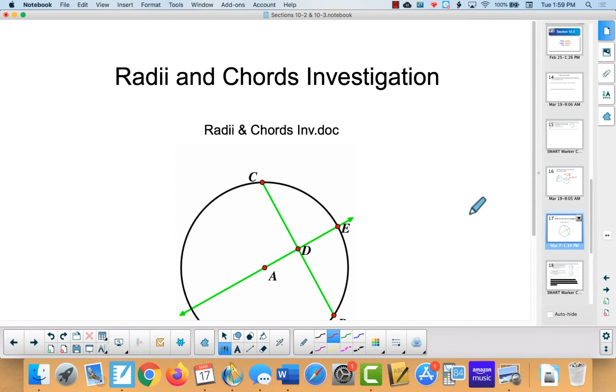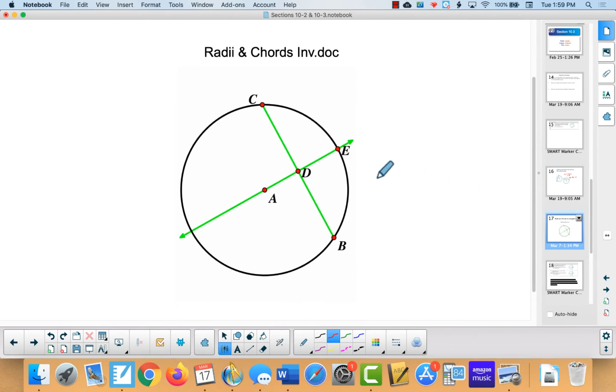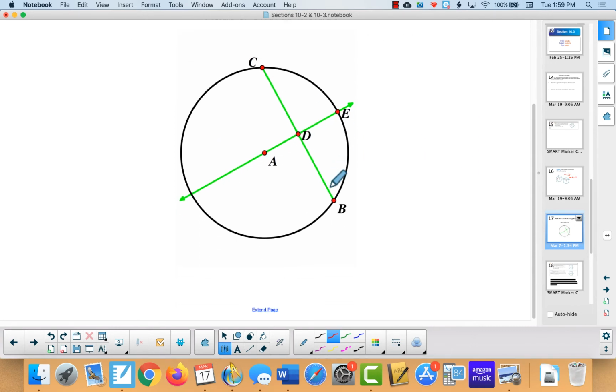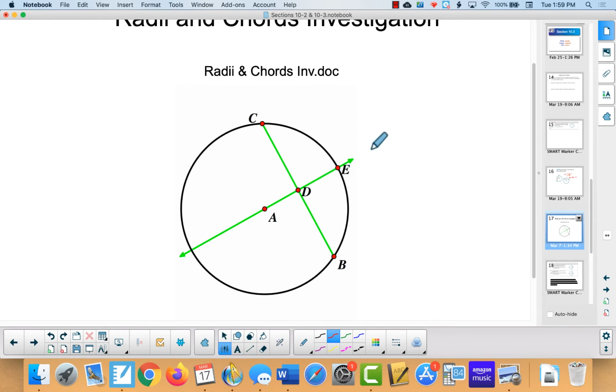In the next activity, you were supposed to use this picture, recreate this picture, and make a line that goes through the center of the circle that is perpendicular to this chord. Hopefully you found that when you did that, the chord was bisected.